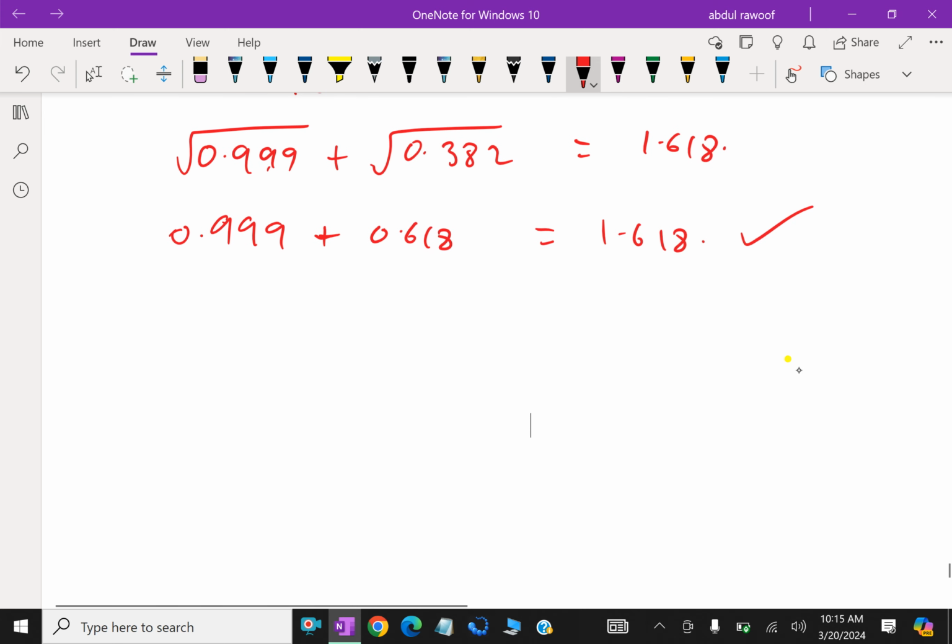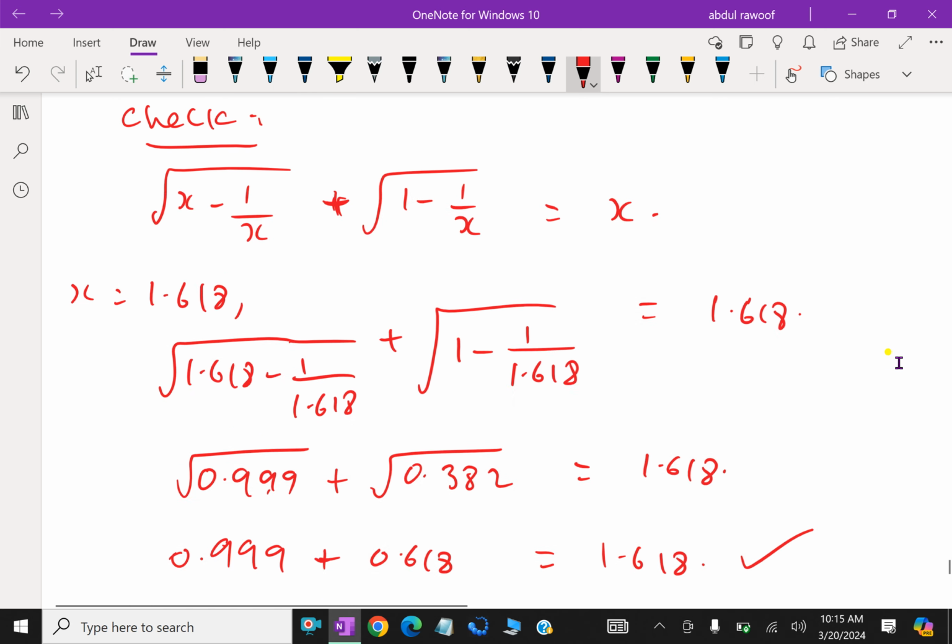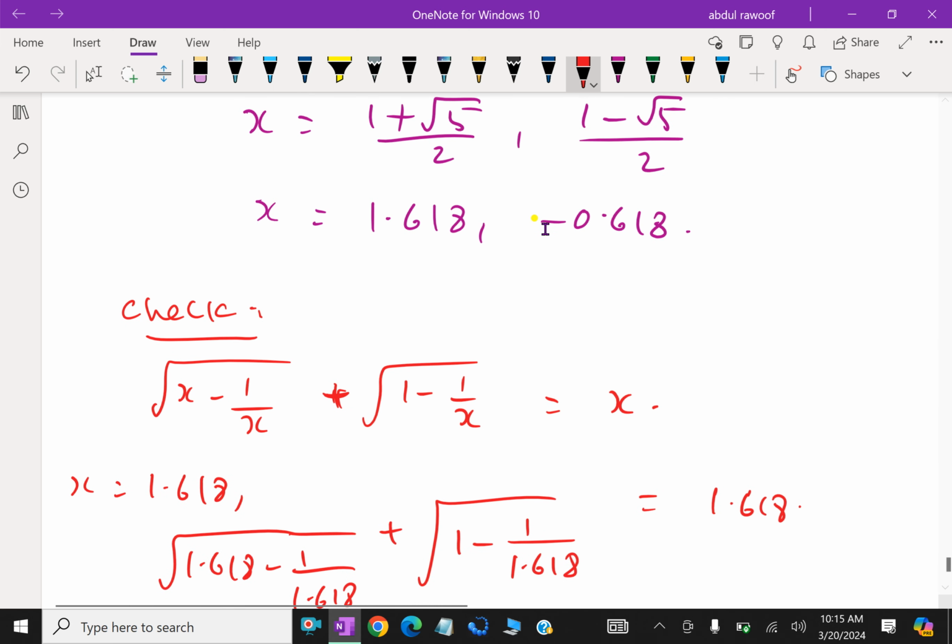For checking the second, put x equal to minus 0.618. That means the second value is minus 0.618.